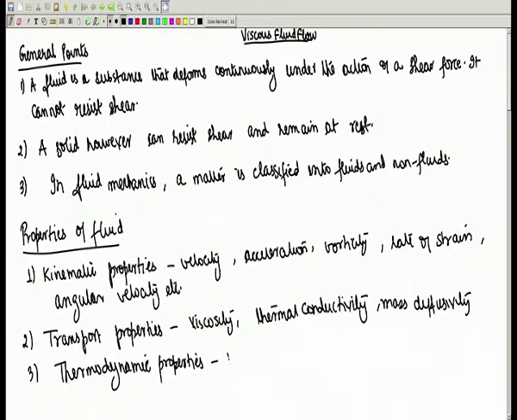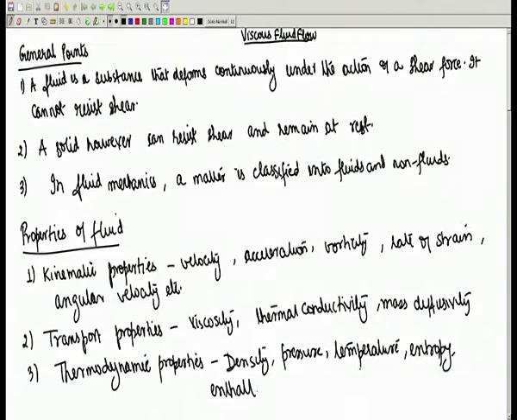Thermodynamic properties are like density, pressure, temperature, entropy, enthalpy, etc.